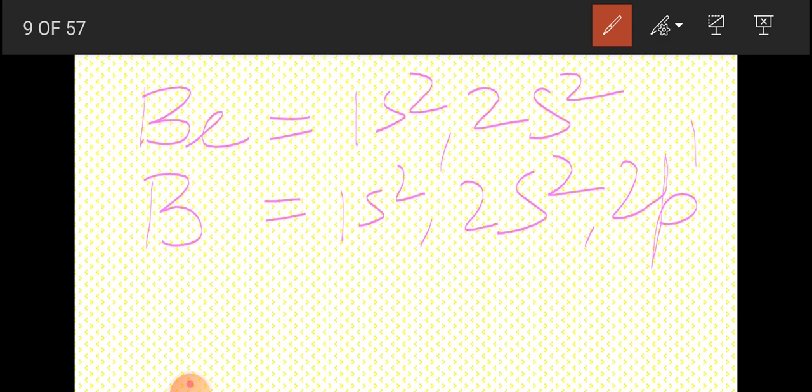The number of half-filled orbitals in beryllium: you can see no half-filled orbitals, so the number of half-filled orbitals is 0. And in boron, p is partially filled, so we can call it one half-filled orbital. But the valency of beryllium is 2 and for boron the valency is 3.